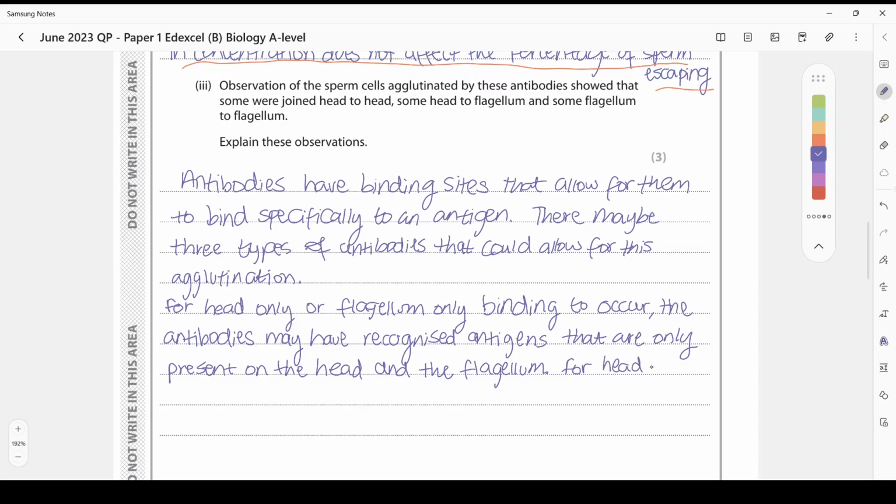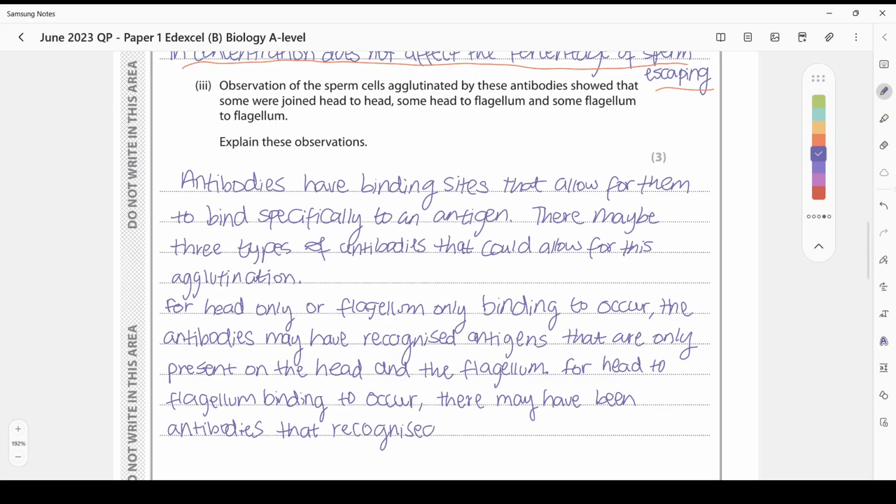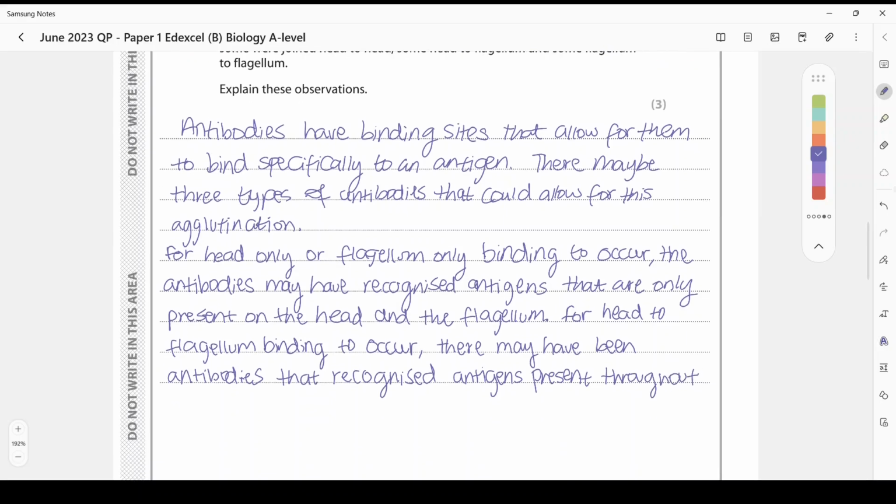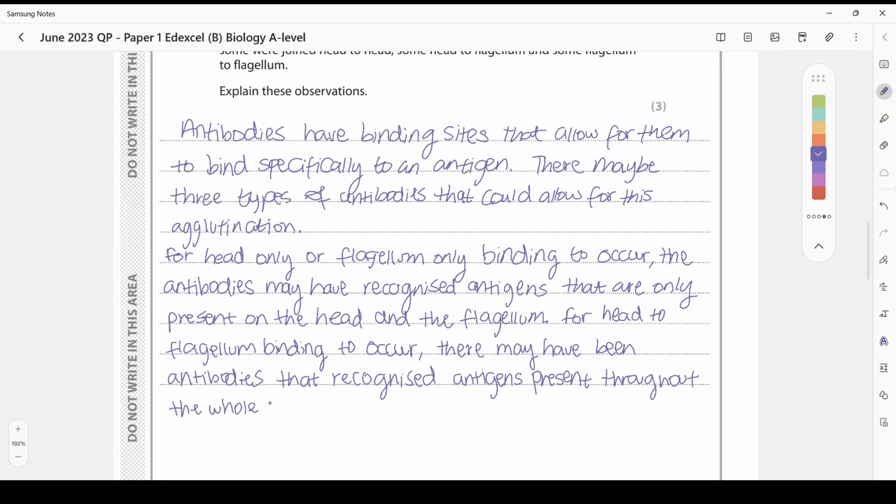For head to flagellum binding to occur, there may have been antibodies that recognized antigens present throughout the whole sperm, or you can say that is present in both the head and the flagellum.